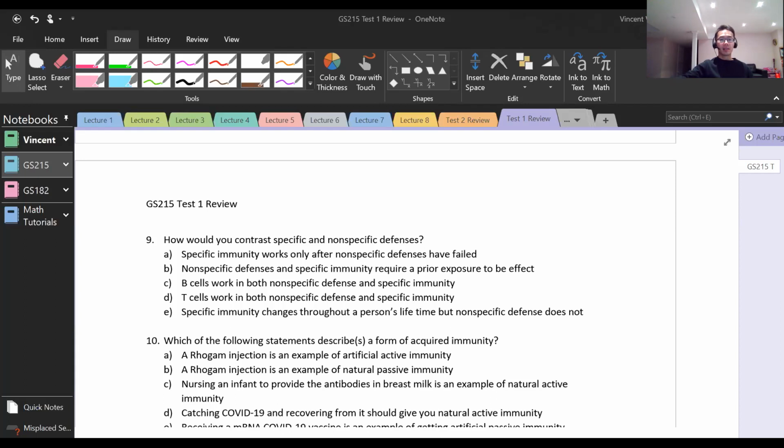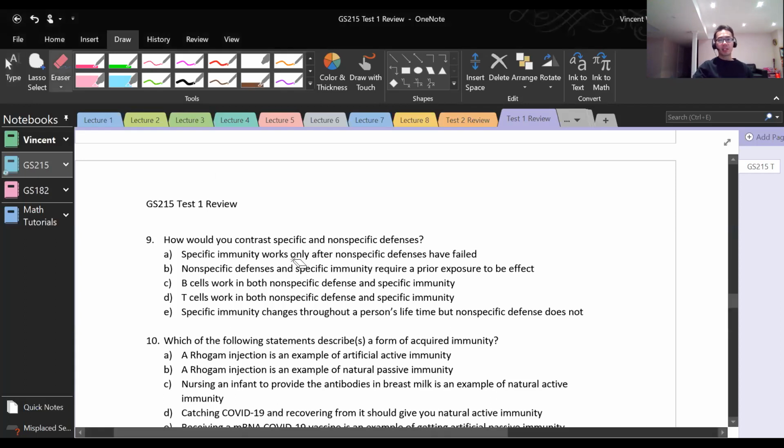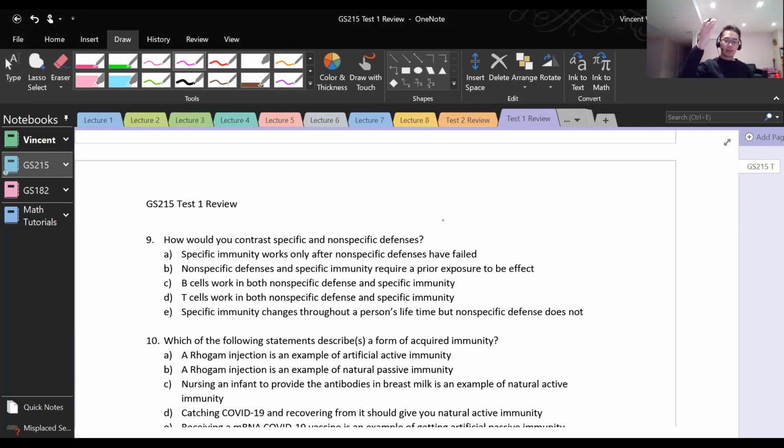Okay, let's see. First one, specific immunity works only after non-specific defense have failed. At first glance, that might appear to be true, but not really, right? Because even though when we explain the concepts in the lecture, we talk about specific immunity first, and then we talk about non-specific defense, actually both of them can happen simultaneously, at the same time.